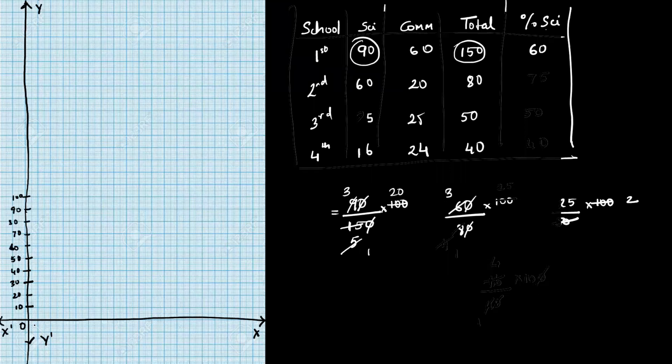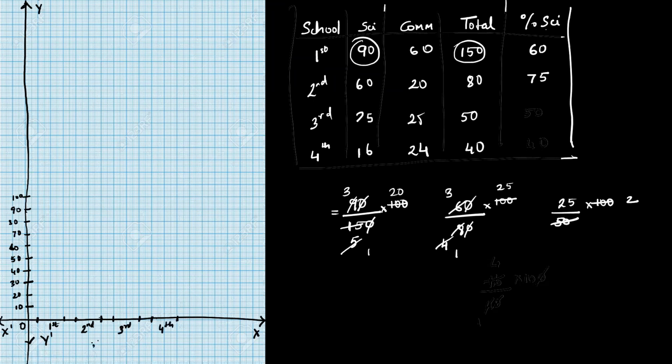Here again, since it's just 4, I'll leave a gap of 2 boxes. So from here till here, it is the first school. I'll leave 1 box. From here till here, second school, then 1 box. Here till here, third school, then again 1 box. And here till here, fourth school.